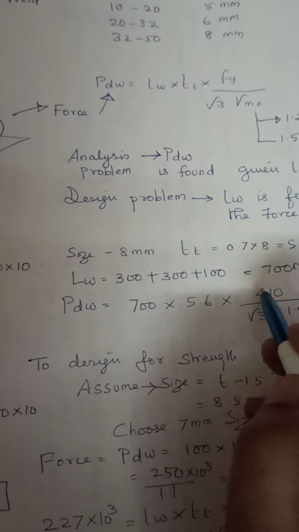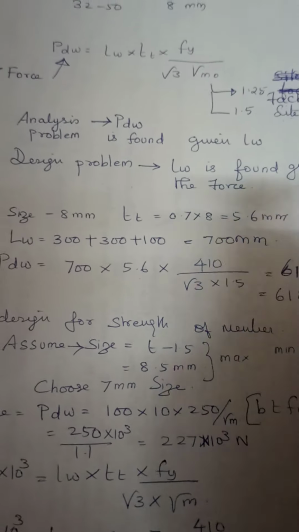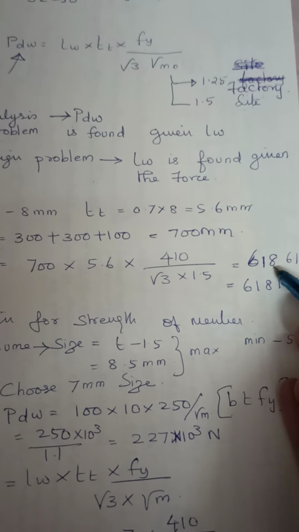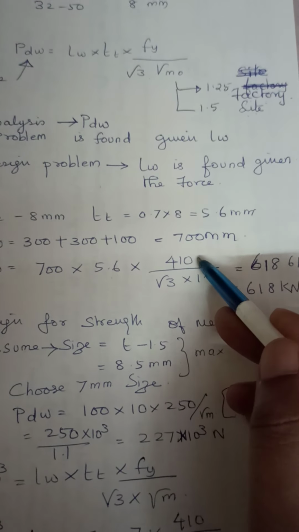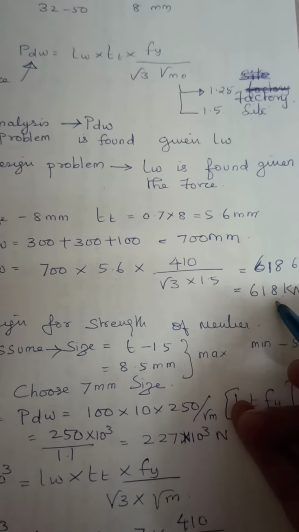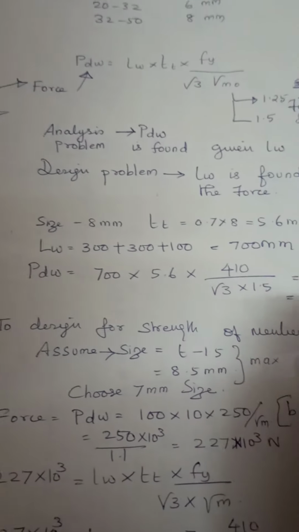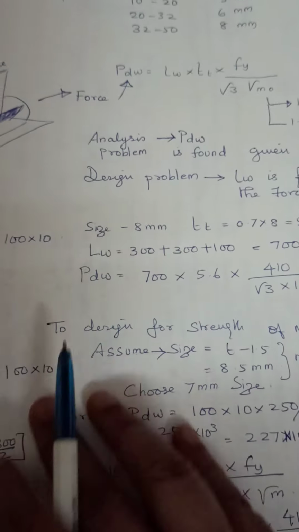Substitute in the formula length multiplied by throat thickness multiplied by the stress, and you get the value of the force as 608,611 Newton, because the stress is in Newton per mm square. We get the answer in Newton, and dividing by 1000 you get the answer in kilonewton. So this particular weld length can carry a force of 608 kilonewton. This is the analysis problem.